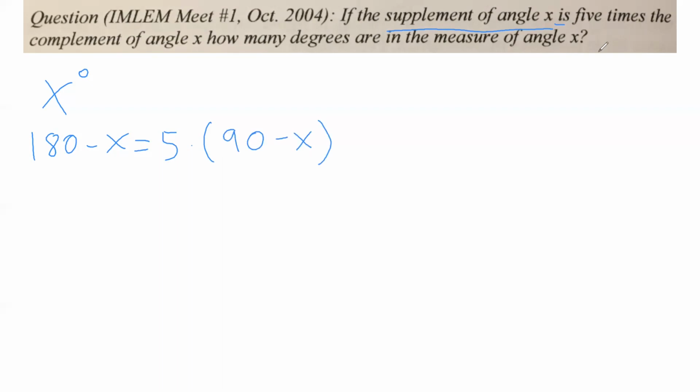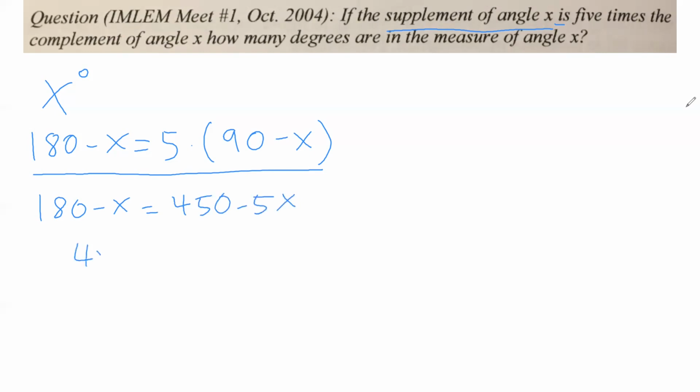And they're asking us to solve for x. So basically, we can reduce this into an algebraic equation. You can do 180 minus x is equal to 450 minus 5x, or 4x is equal to 450 minus 180. And when you solve this equation, you should get 67.5 degrees.